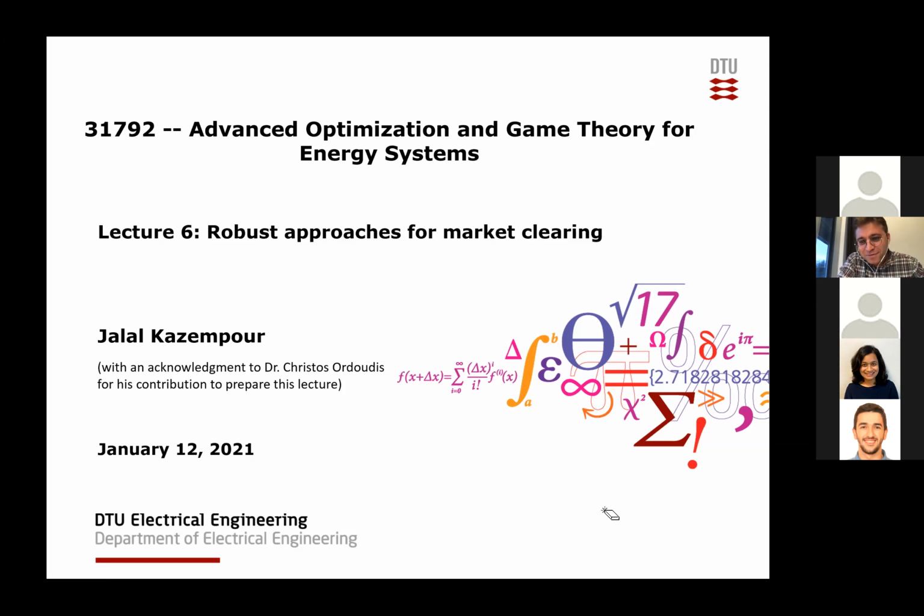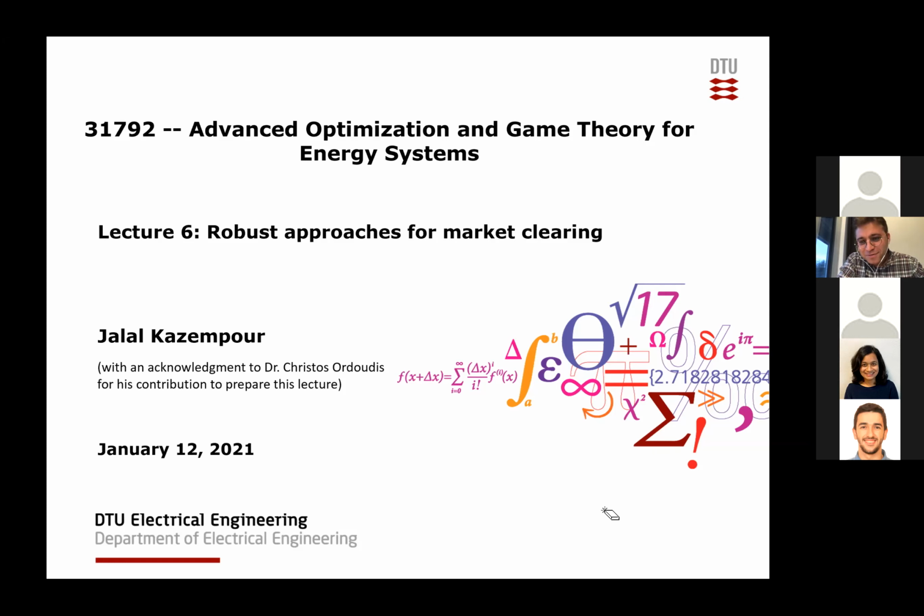It means that any point within the uncertainty set could be the true wind power realization of farms 1 and 2, right? And this is the simplest uncertainty set that you can think of. It's just a box with 4 vertices, right? That's the simplest uncertainty set that one can think of.